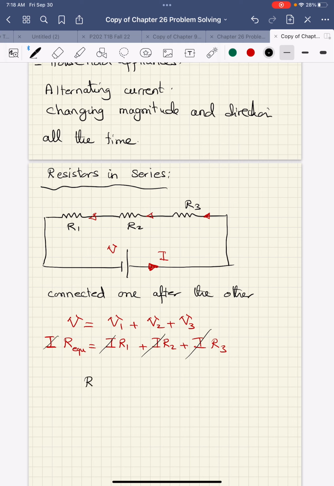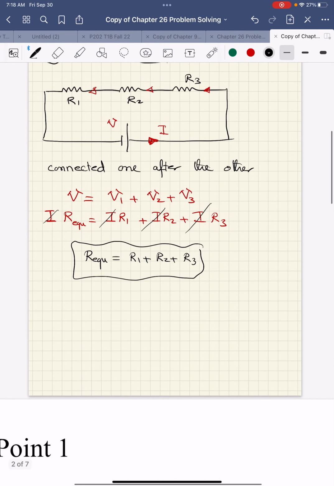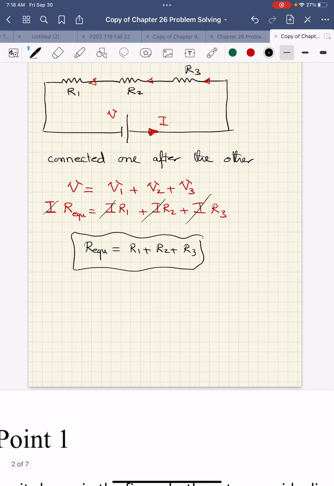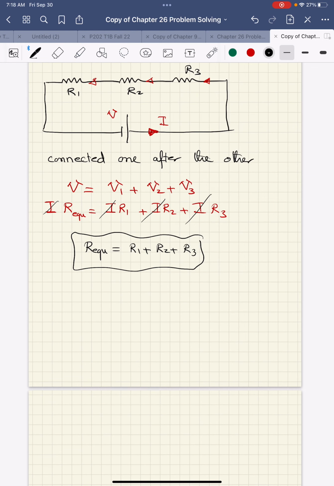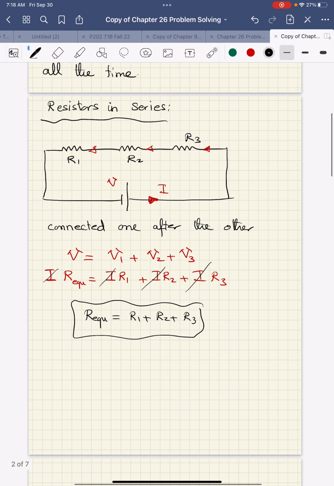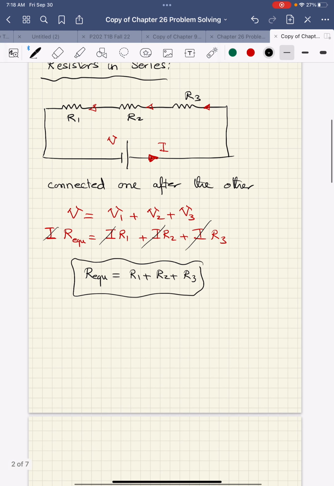Then finally, when I have three resistors with these values, I can replace them with a single resistor having this value. You need to remember always that we have the same current going through the circuit.